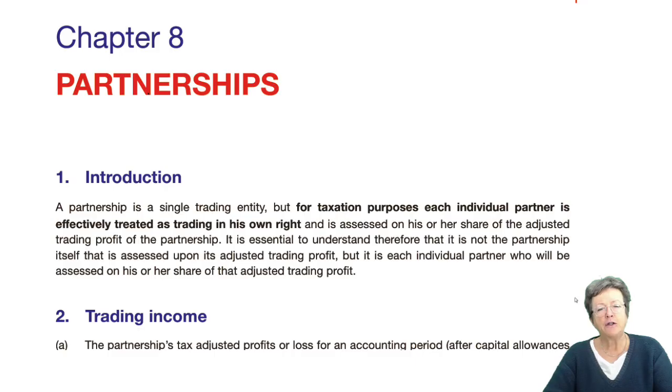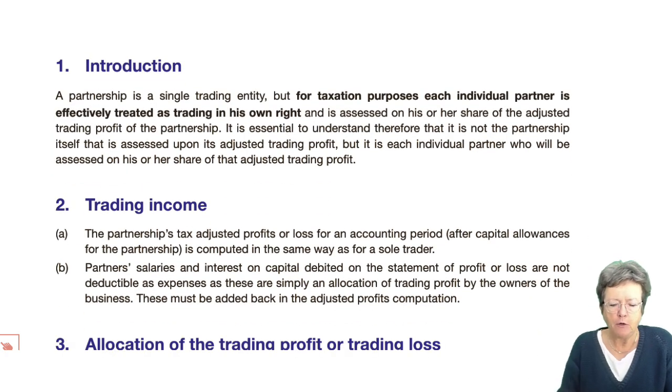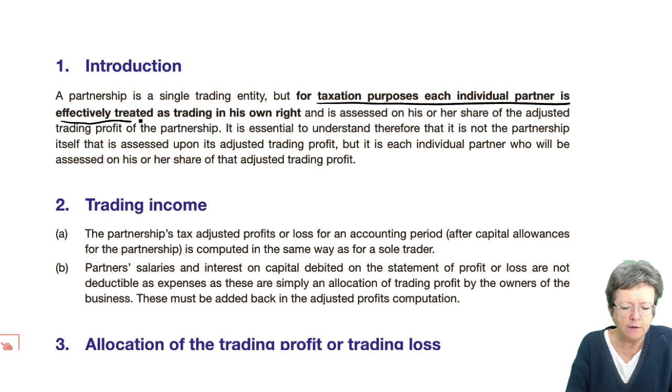In this chapter, we're going to look at partnerships. As the first introductory sentence tells us, a partnership is a single trading entity, but for tax purposes, each individual partner is treated as though trading in his own right.